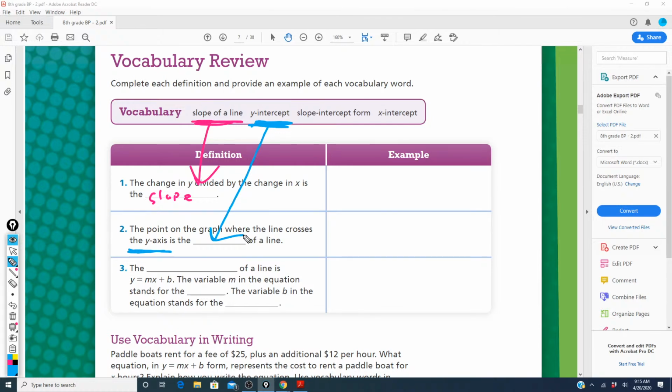So when a line crosses that y-axis right there, this point is what we would call the y-intercept, and that's where you would have your example right here. And you draw something like this, and draw that line to show where it's crossing that y-axis. Okay.